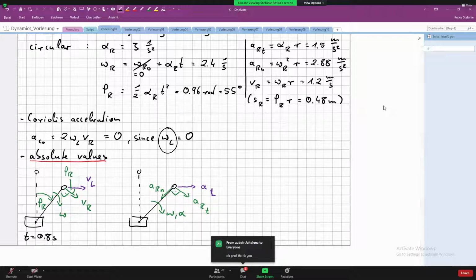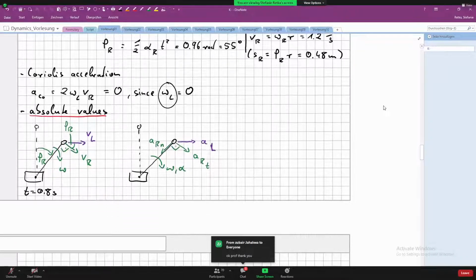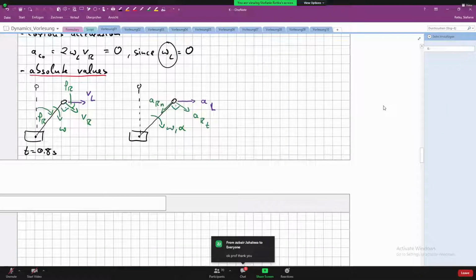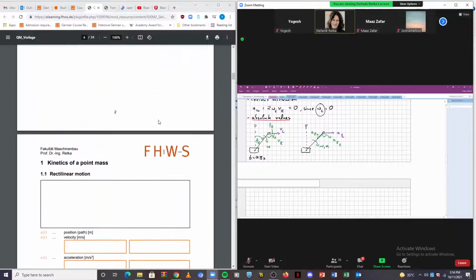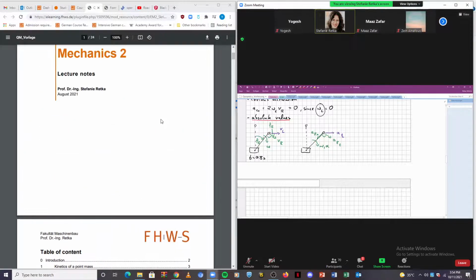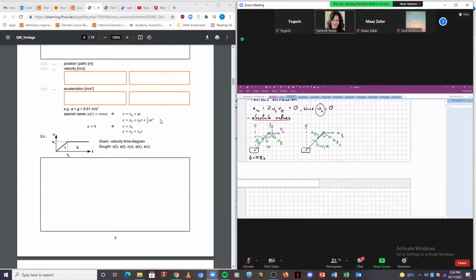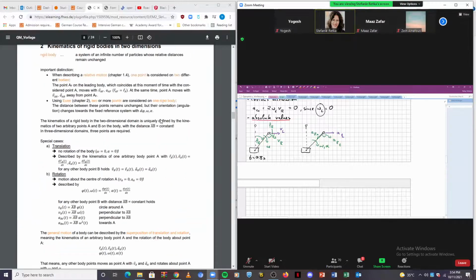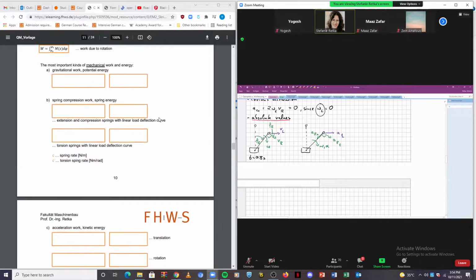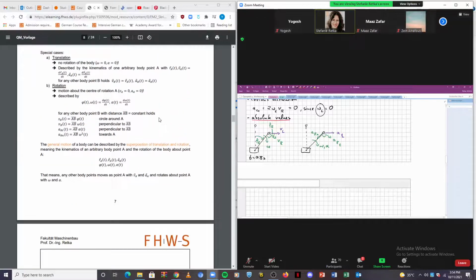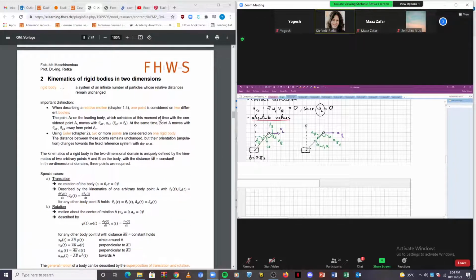Okay, so now we have to do the vector addition, and we will start with the velocity. For this, same as for the absolute acceleration in a circular case, or same as statics, engineering mechanics 1, we have to decompose our vectors into, for example, horizontal and vertical components, sum these components, put the square, add them, and put the square root.